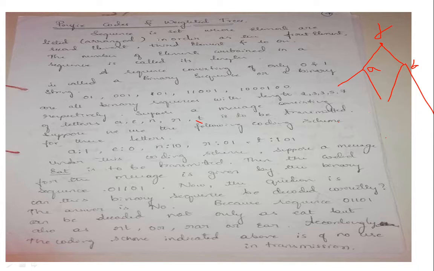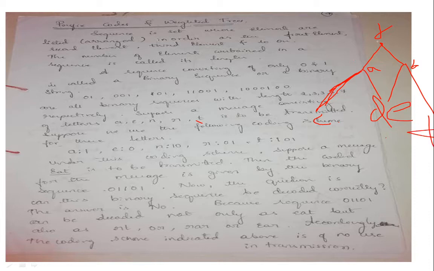Each is completely only one edge. So this is going to be C, this is D, this is E, and this is F.